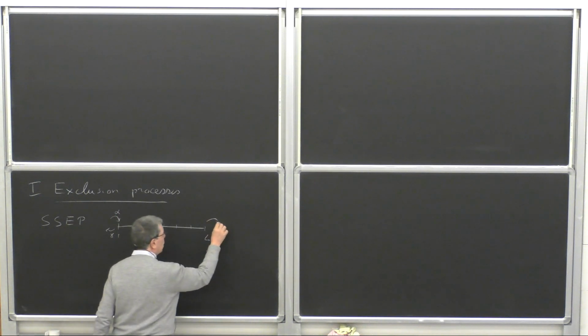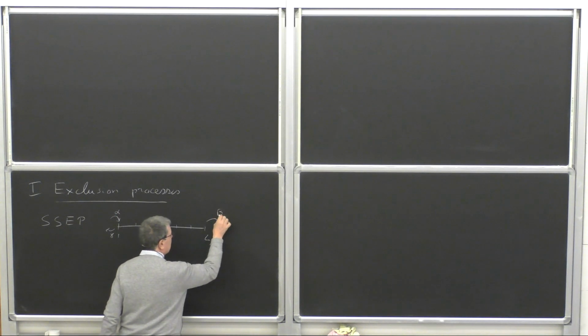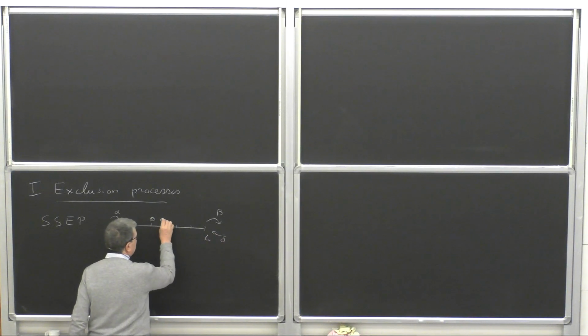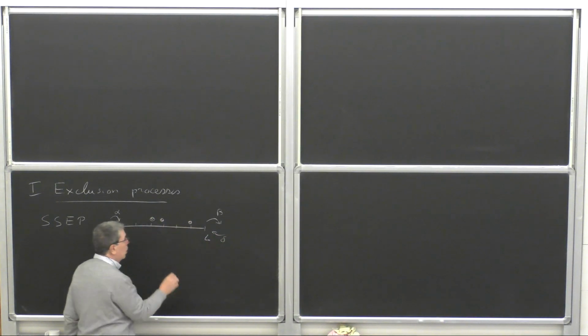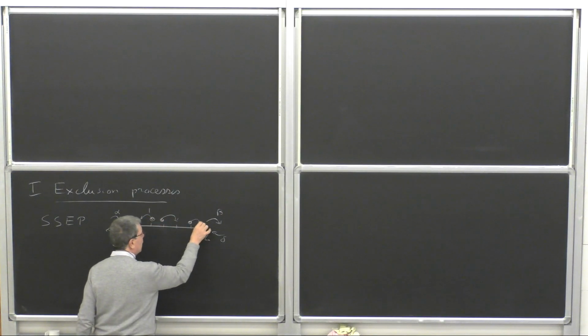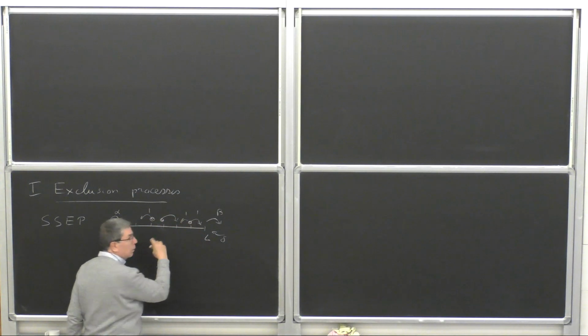So here you have rates alpha and gamma at which particles enter. Here it's beta and delta. And you remember particles can only jump at rate 1 to one of the neighboring sites, with the same rate on both sides.